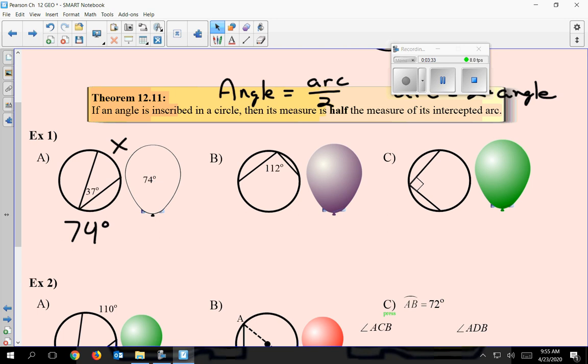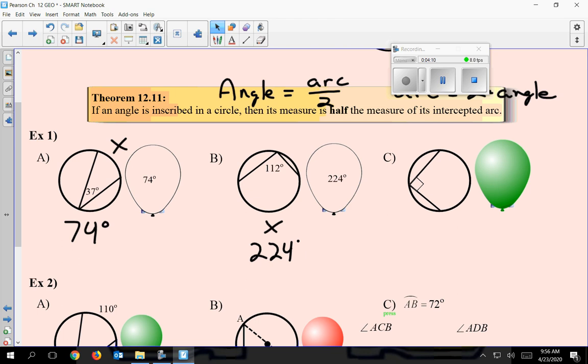So that's fine, playing games with the theorem they give me. If I have the angle here again, it's 112 degrees. If I want to use that to get the arc, I use that formula again and double the angle. If I double 112, I believe I get 224. Let's see what the balloon says. And I do get 224 degrees, okay?